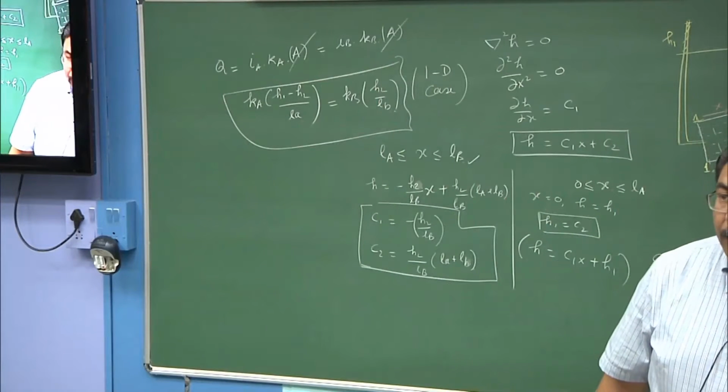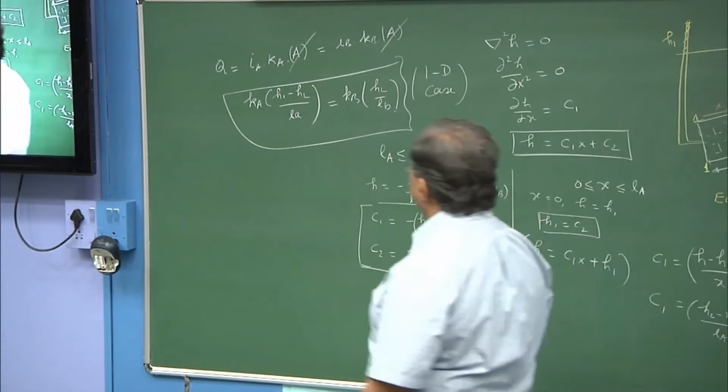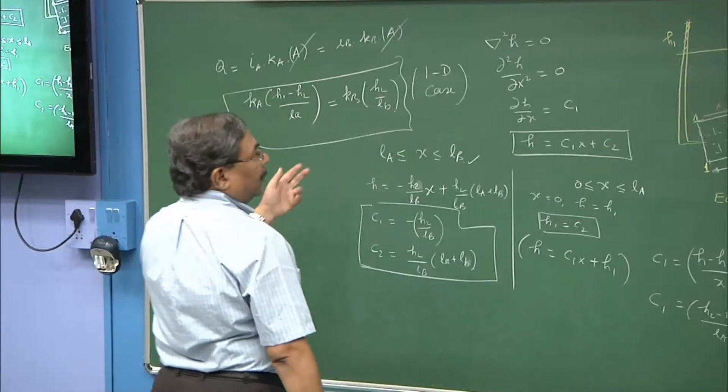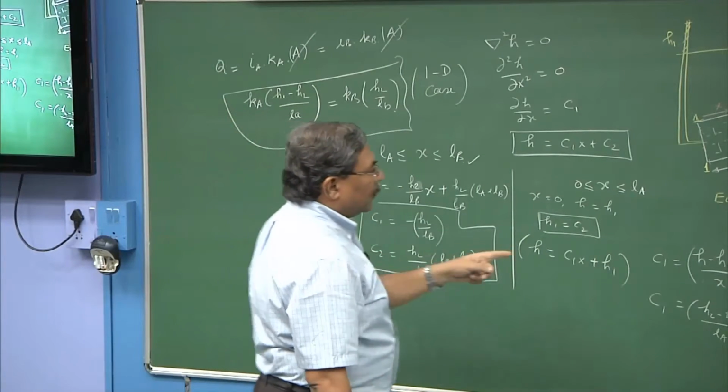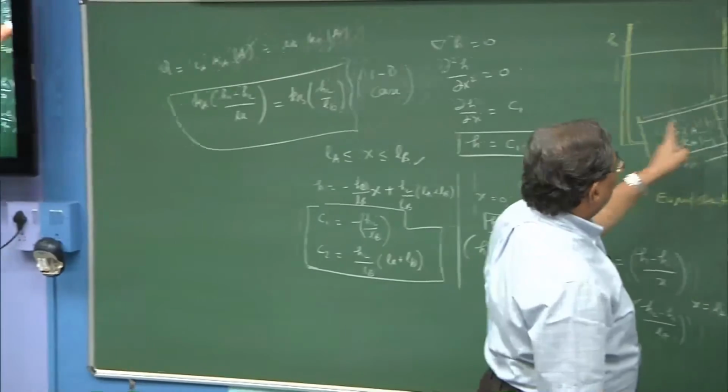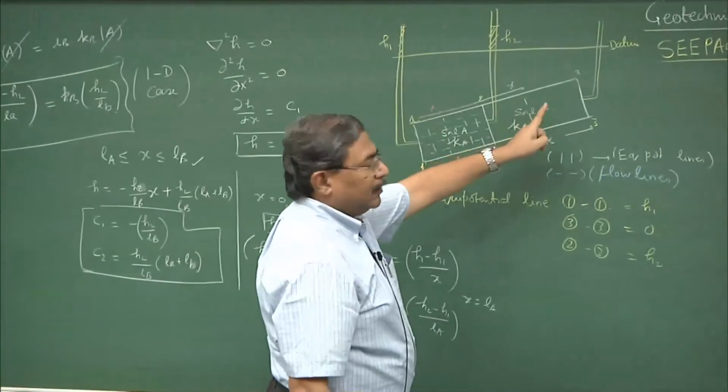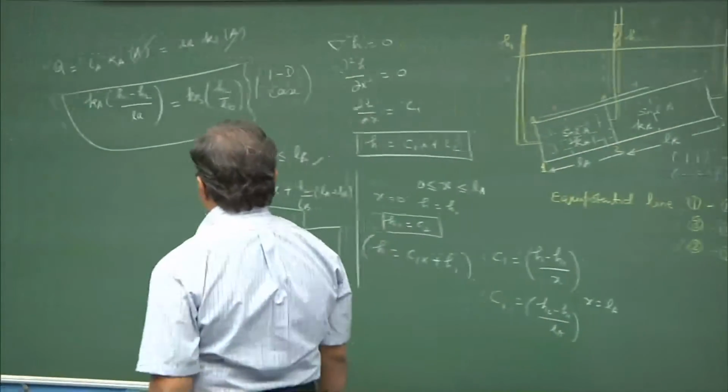So, the principal unknown is h, because I do not know what is the variation of h along the flow path.